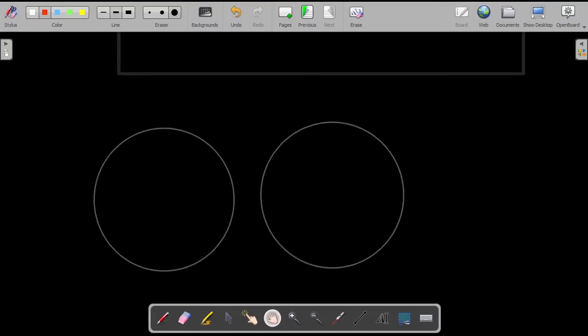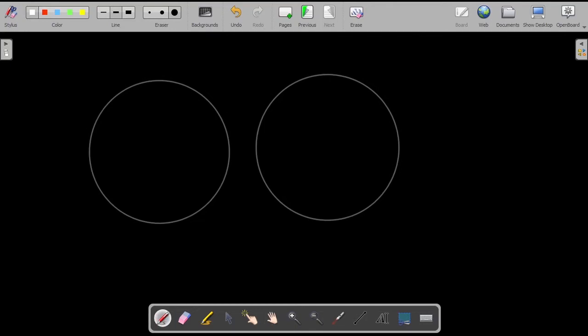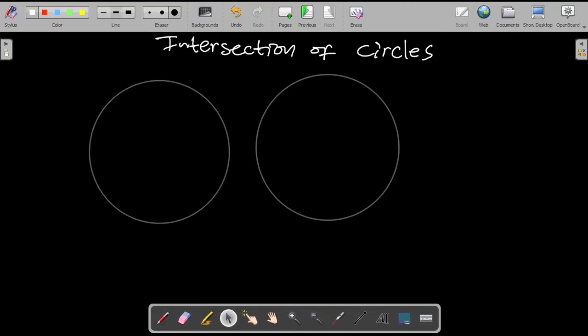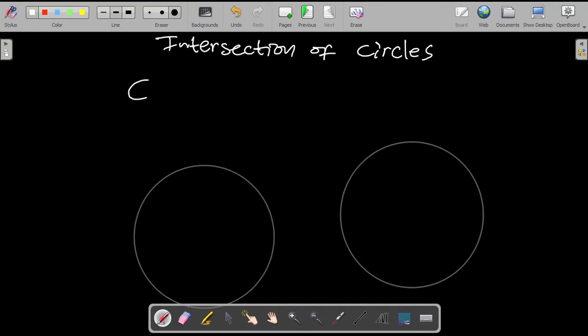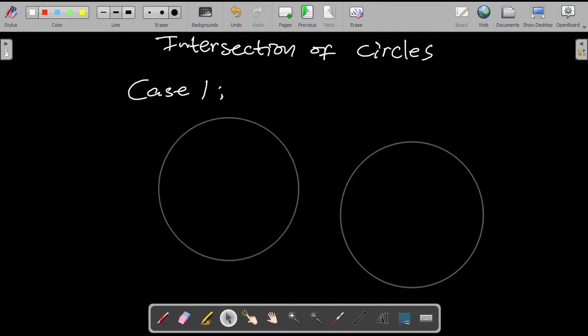We are talking about intersection of circles. Let's now start with the first type of intersection, or let's call it case 1. And in this case, we are talking about circles which intersect at 2 points.